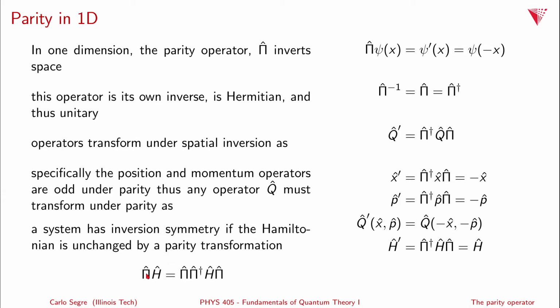And then we apply another operator pi to either side. Then what this means is that this becomes the identity, and you have that pi applied to H is equal to H applied to pi. And so this means that the commutator of H and pi is 0. So the parity operator commutes with the Hamiltonian because when you apply the parity operator, the Hamiltonian is unchanged.